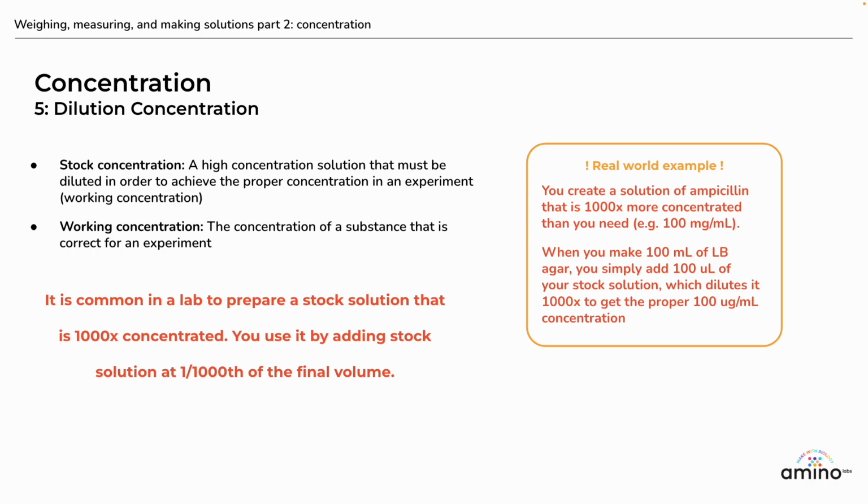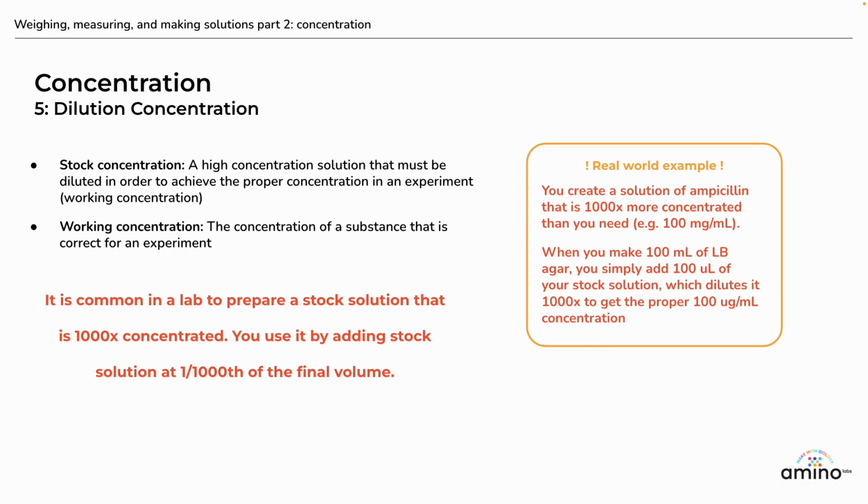The reason this is often done in a lab is to save time. You can create a highly concentrated solution and put just a small amount of it into your experiment within a larger volume, then put it back in the freezer and use it again later. It's a very handy way to manage a lab, more or less.